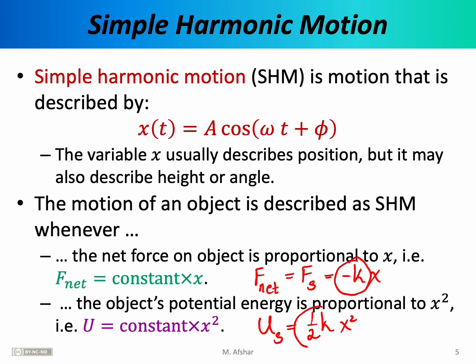Again, you can see we have some constant times x squared, and therefore we must have simple harmonic motion. So in general, in studying engineering or studying nature, whenever you encounter a system in which the potential energy is given by this expression, or the net force is given by this expression, or the position is given by this expression, you can say you have simple harmonic motion.